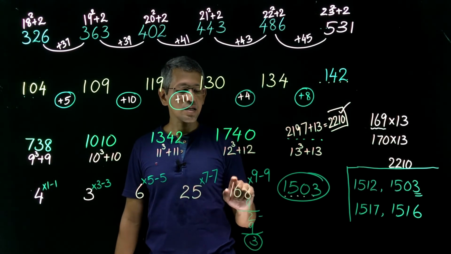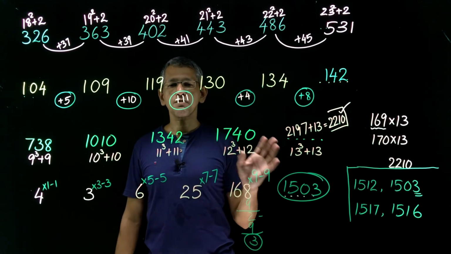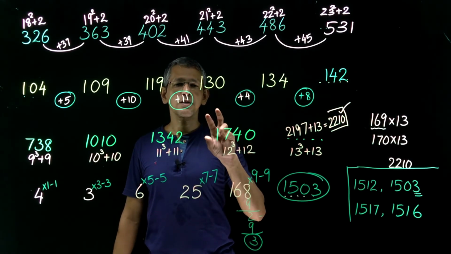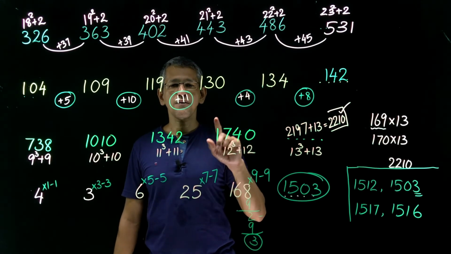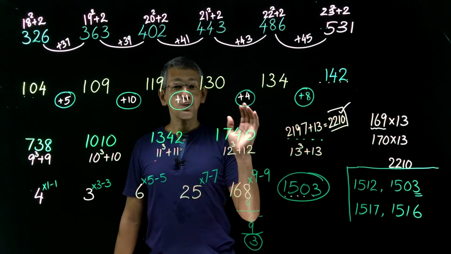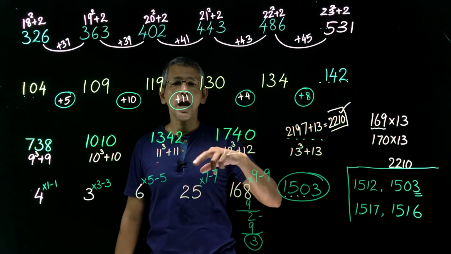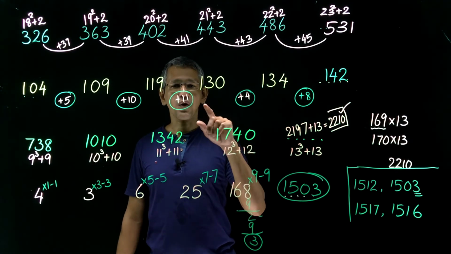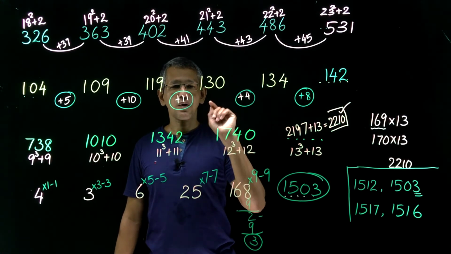So 1680 minus 200, 1480. However, we don't need to subtract 200. We need to subtract 170. So that 30 must be added back. 1510. That is 170 subtracted. Actually, 168 must be subtracted. So we have to add 2 back, right? So 1510 plus 2, 1512.